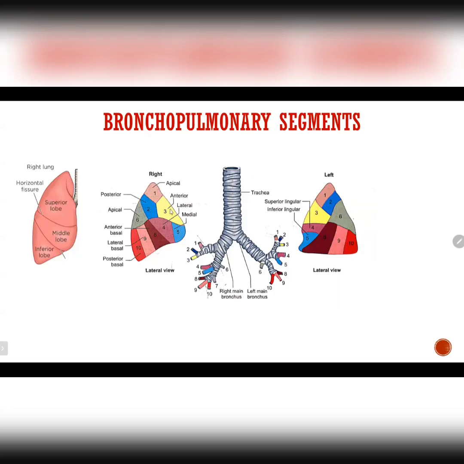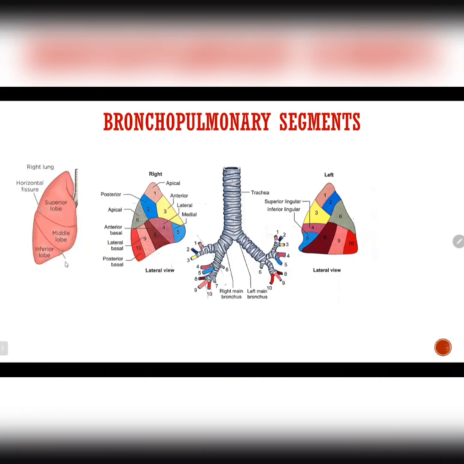So the superior lobe of right lung, the bronchopulmonary segments are apical, anterior, and posterior segments. Now let's look at bronchopulmonary segments of the middle lobe. For the middle lobe, the segments are labeled as 4 and 5, which is medial and lateral bronchopulmonary segments.